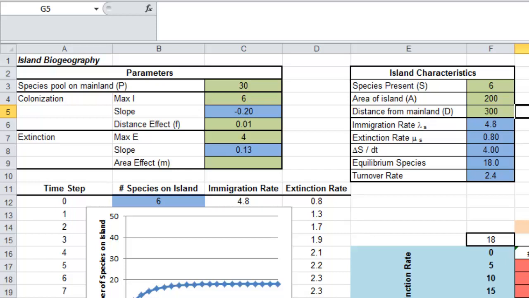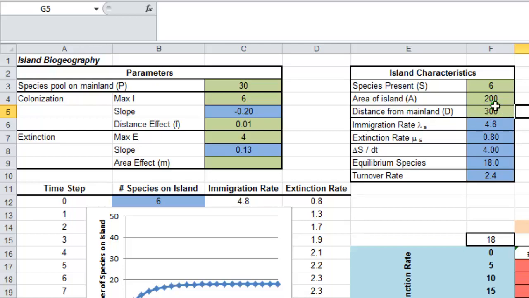And so, as Jed pointed out, as the area of the island increases, it's going to dampen this extinction rate, under the assumption that large islands have larger population sizes and it's harder for those populations to go extinct, and therefore it's harder for the species to go extinct on that island.